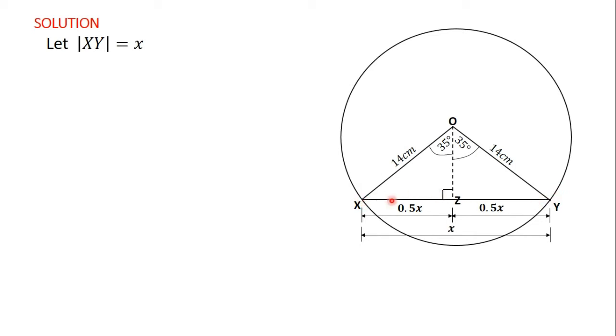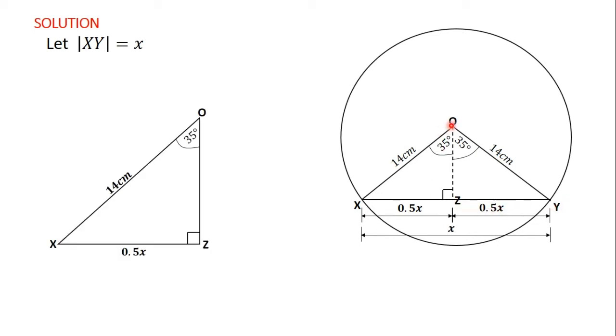So from X to Z will be the same as from Z to Y. And from X to Z is 0.5x. So from Z to Y is also 0.5x.